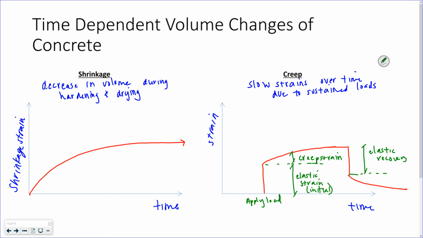And then our creep recovery. And there's probably some permanent or plastic deformation. And this is when we remove our load.